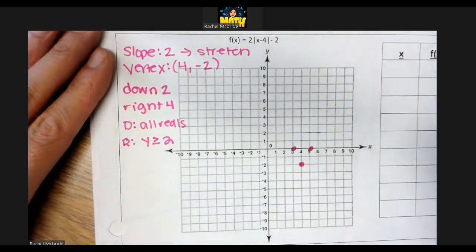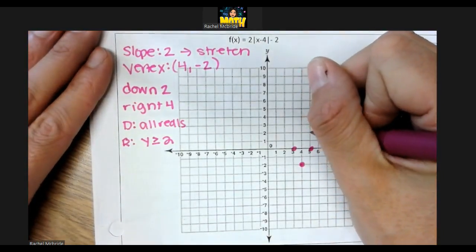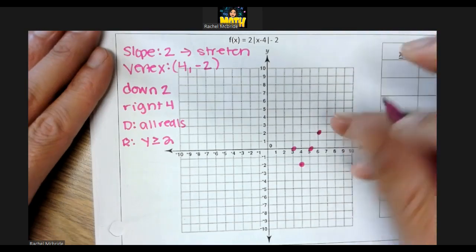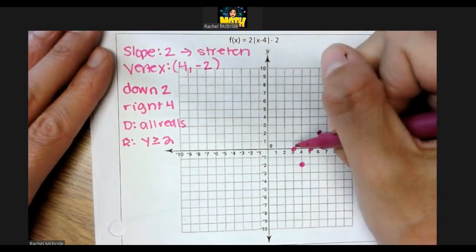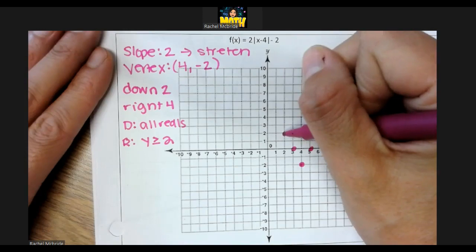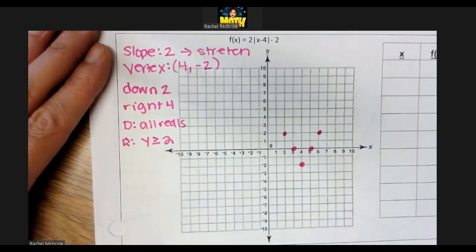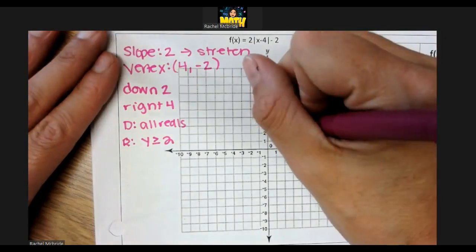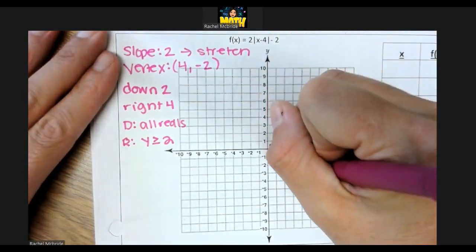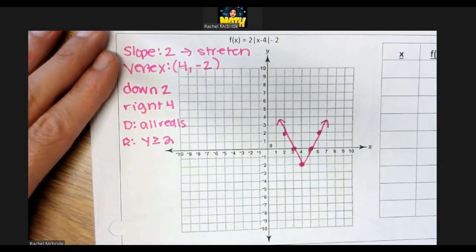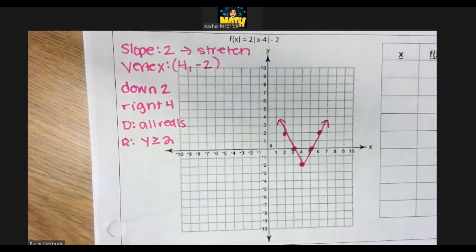So this is 3 of them. You're going to take your slope again, go up right 1 from (5, 0), and go up left 1 from (3, 0). So you're also going to plot the points (6, 2) and (2, 2). Connect your dots. I know, saying 2, 2 is funny. And then there's your graph.